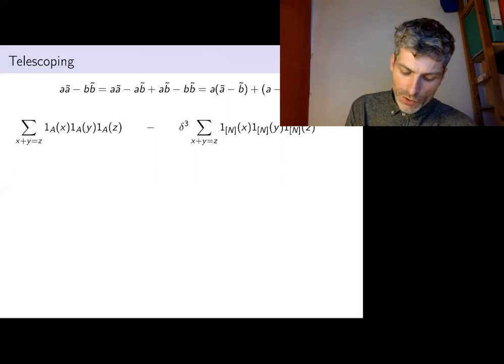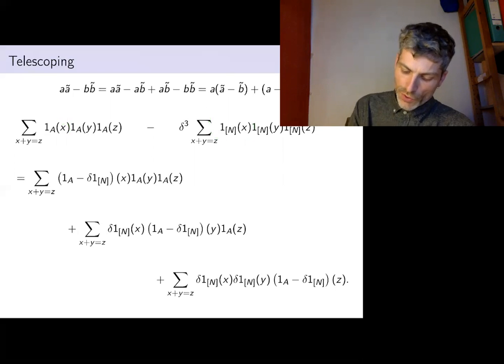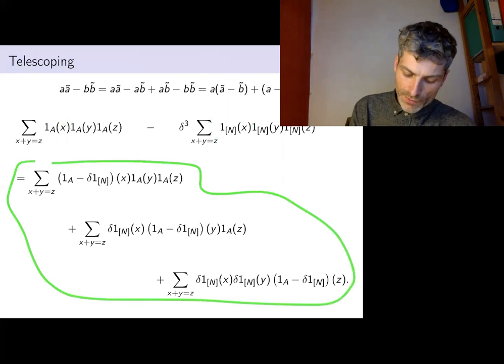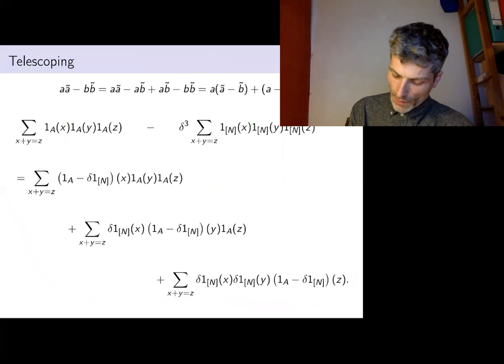And why is that a good thing to do? Well, we know our set A is Fourier uniform, so we know the Fourier transform of this is comparable to delta times the Fourier transform of this. So we want to get that difference in somewhere. So let's do that. So we just use the standard telescoping trick to rewrite our difference of sums, or our difference of products, in this way.